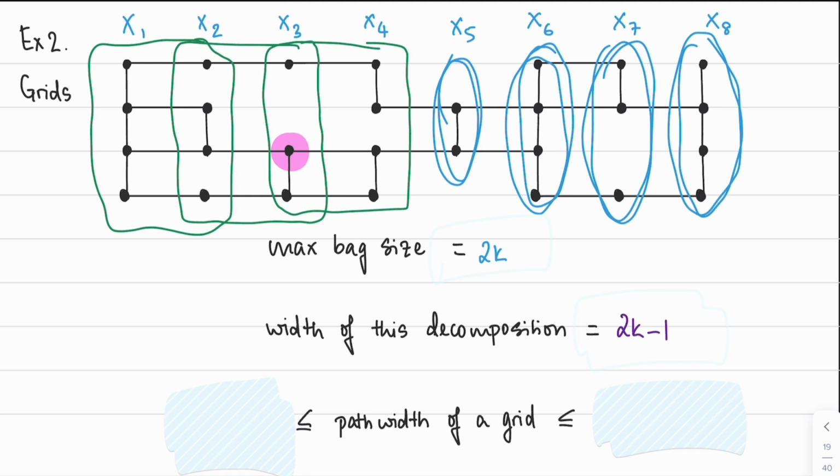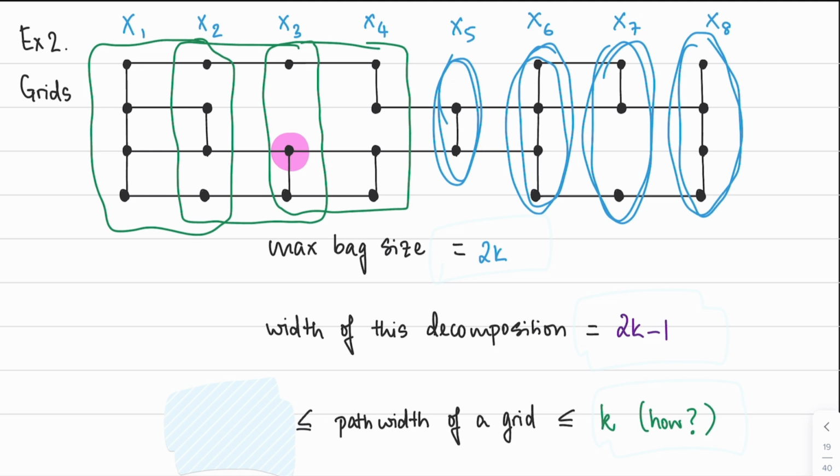You can actually go all the way down to k, which is almost the number that we had in the first incorrect proposal. We said take every column and make it a bag. That would have actually given you, if it was correct, a width of k minus 1. Unfortunately, that's not correct, but if we are looking for a path decomposition of width k, we are allowed to sneak in one extra vertex per bag.